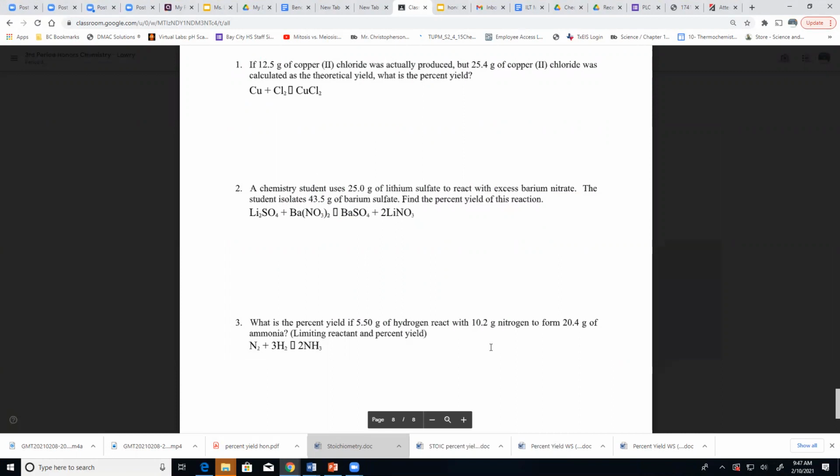Limiting reactant, yes. How do you know which ones are actual? Well, the actual always has to be given to you, and it should have some hint word like. Let me pull y'all's practice up.